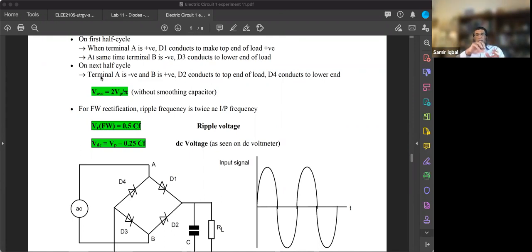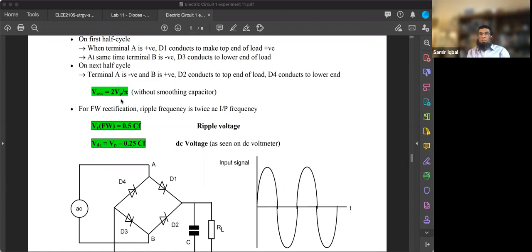So they are giving the same signal on the output. If there was no smoothing capacitor, this would be 2Vp divided by pi. Before it was just Vp by pi, because we had one peak coming for half wave. Now for full wave, we are getting two peaks coming on the output. Hence we have 2Vp divided by pi.